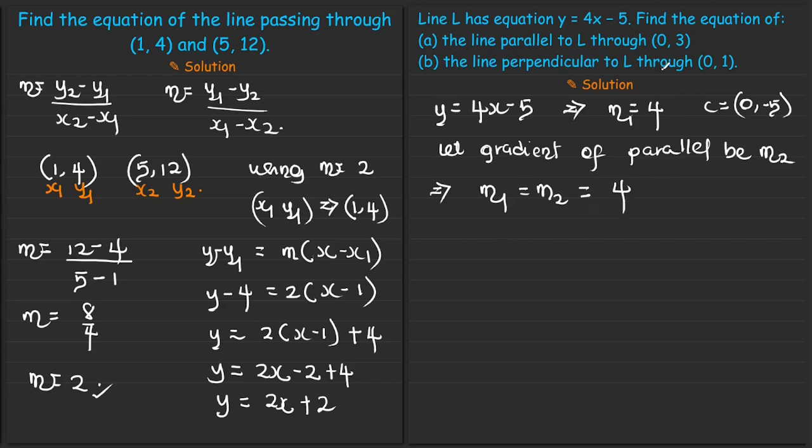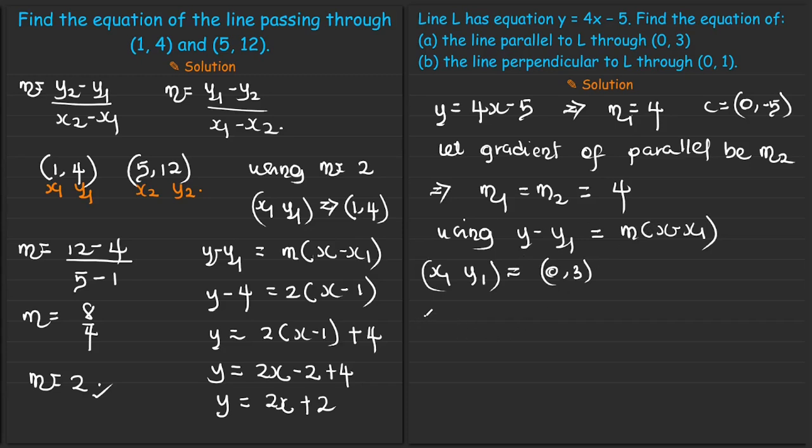Now, the point we're given is 0, 3. So using our point slope method, we're going to write y minus y1 is equal to m into bracket x minus x1, where x1, y1 is the point we've been given, that is 0, 3.